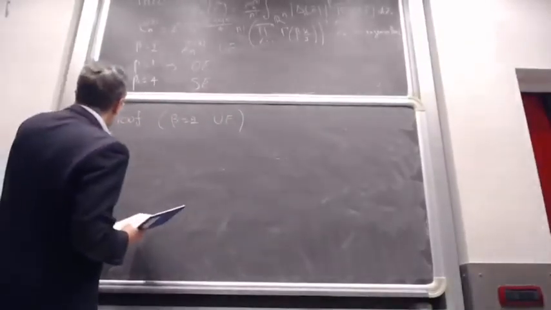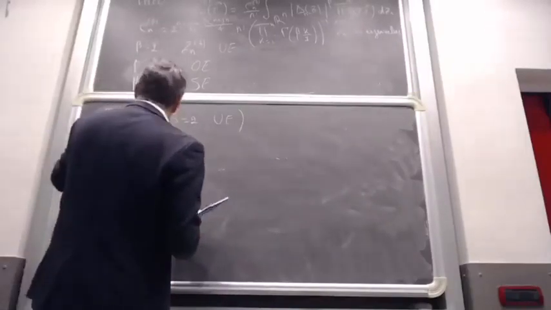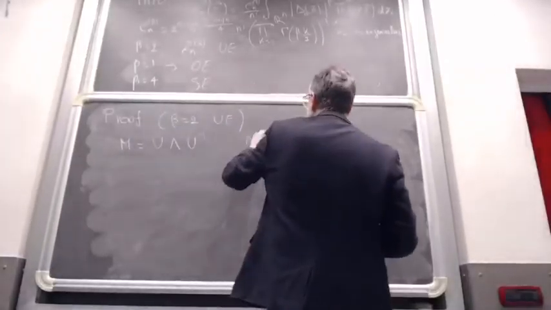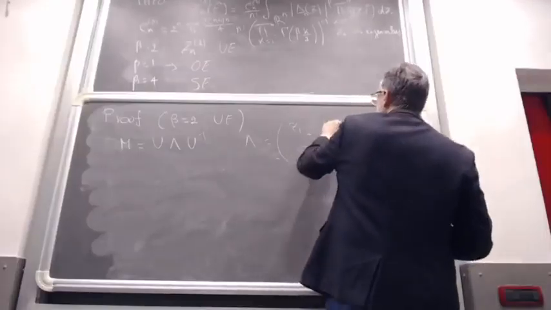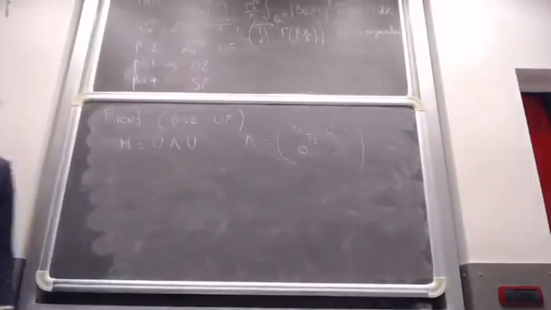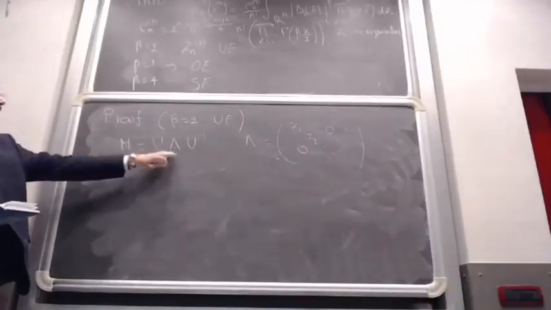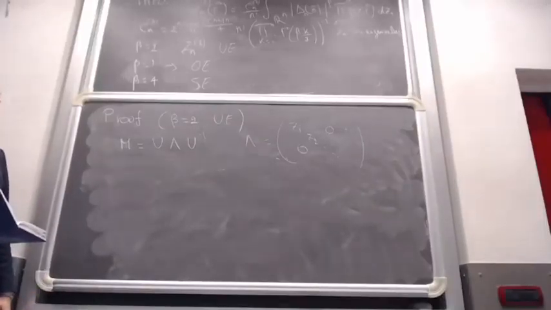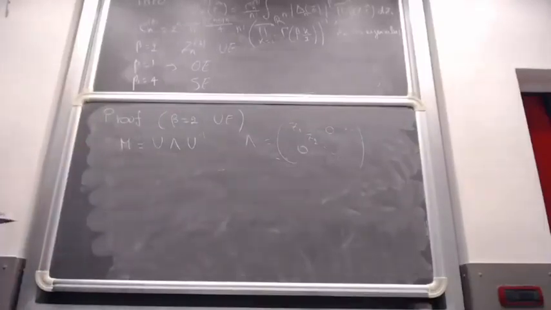We do the proof for beta equal to 2, which is the unitary ensemble. So we write M equal to U lambda U to the minus 1, where lambda is the matrix of the eigenvalues. If M is a Hermitian matrix, we can write it in terms of the matrix of eigenvalues by the application of a unitary transformation.